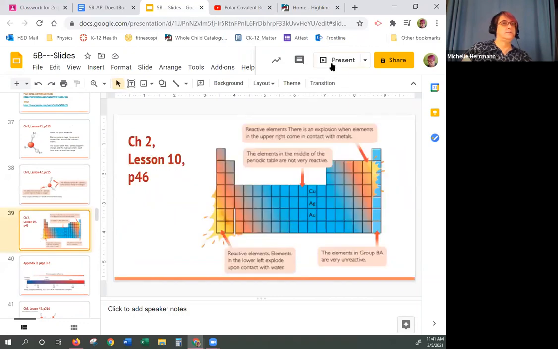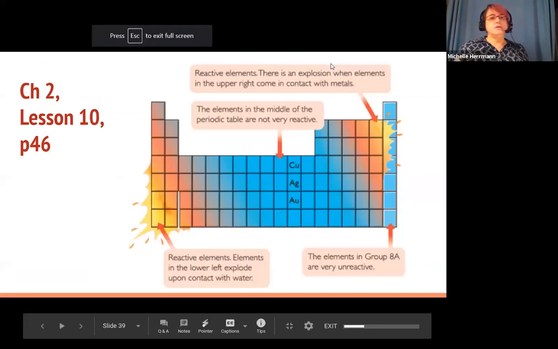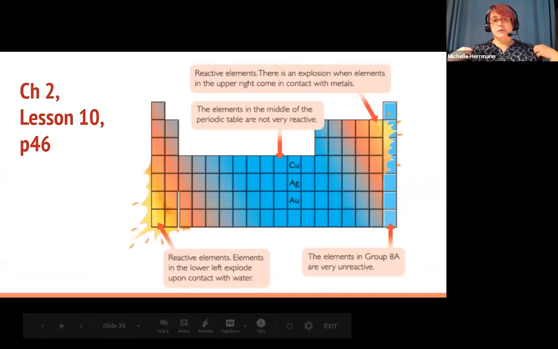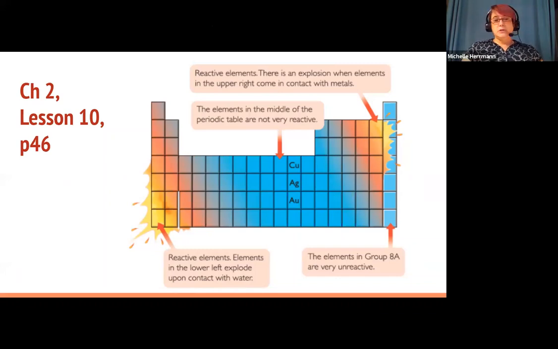First, I want you to recall an image that you may have noticed way back in September. In chapter 2, lesson 10, we talked about the periodic table and how it's organized, and this image is on page 46. What we learned is that the upper right corner, except for the noble gases, is super reactive.